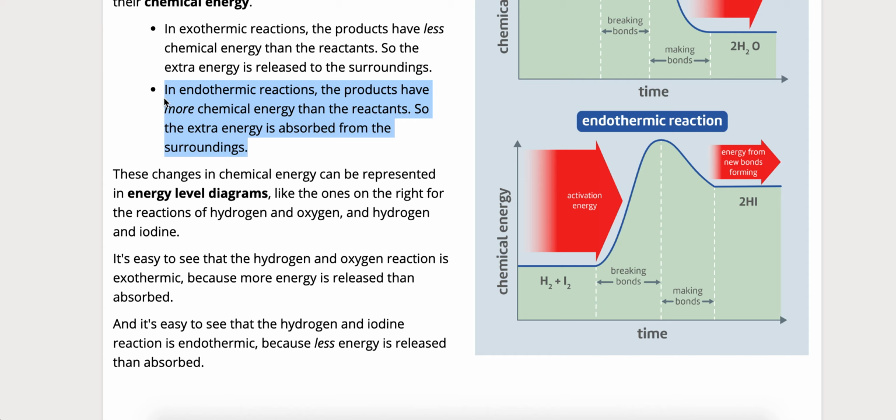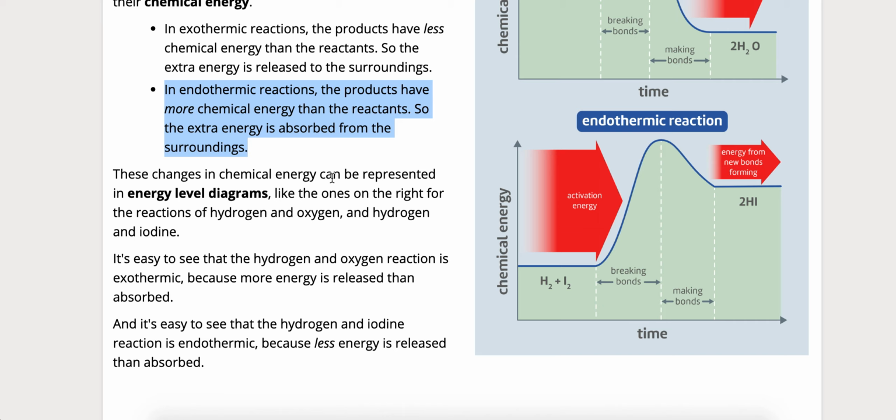In endothermic reactions, the products, what you end up with over on this side, have more, it's higher up on this chemical energy scale. It's got more chemical energy than your reactants, which is down here to begin with. So looking at this height difference, we can see your products have more chemical energy than your reactants.